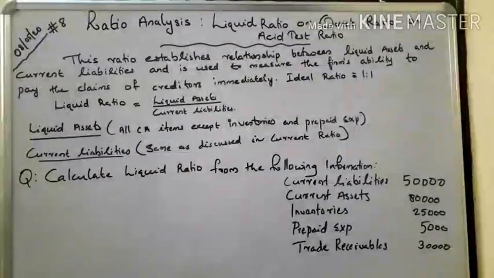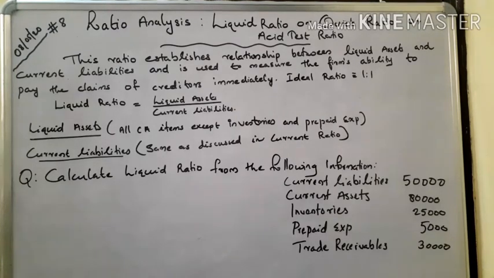Current assets included inventories, except loose tools and spares, and also prepaid expenses. But in the case of liquid assets, you don't consider inventories and prepaid expenses. All other current asset items except these two, that total we call liquid assets.